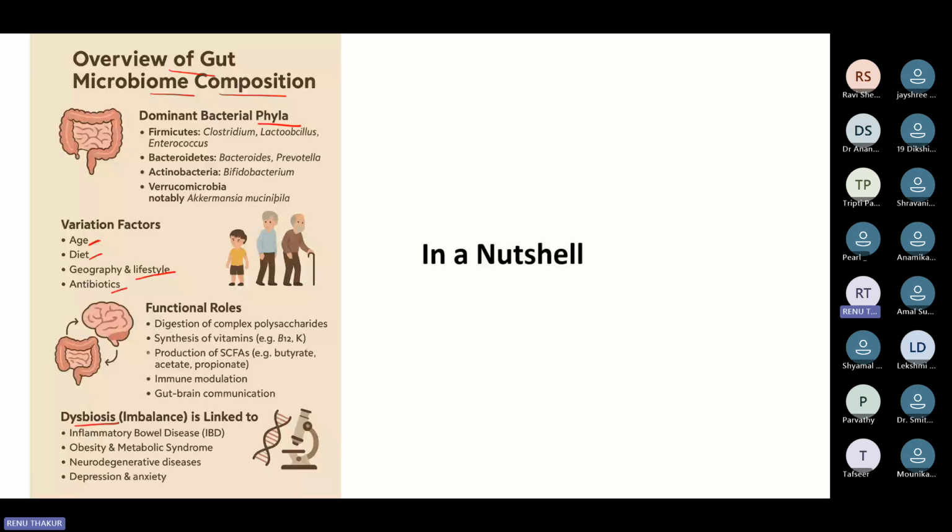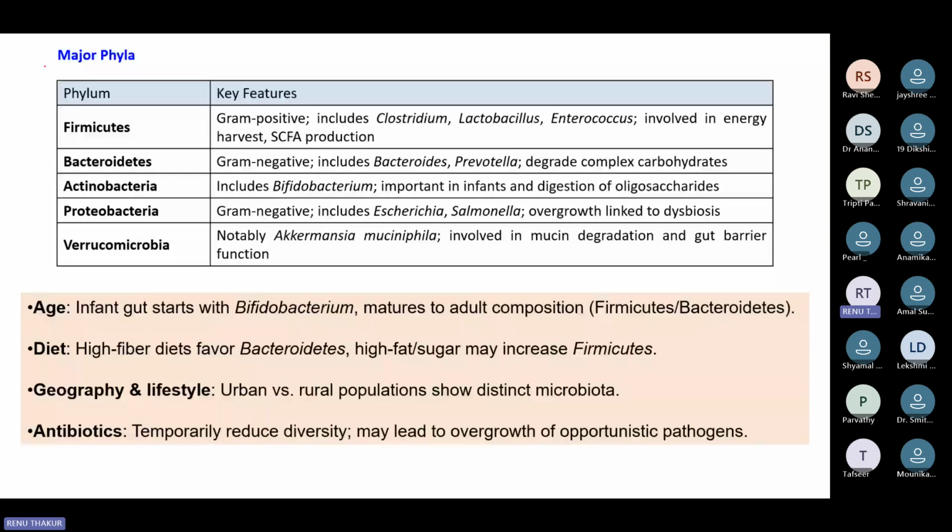So we will study in a little more detail the major phyla which are available in our body. The major phylum is firmicutes. If you talk about abundance level, the major is firmicutes.